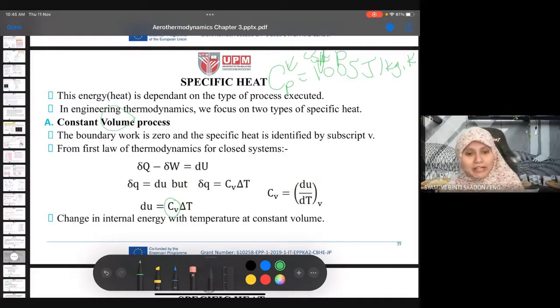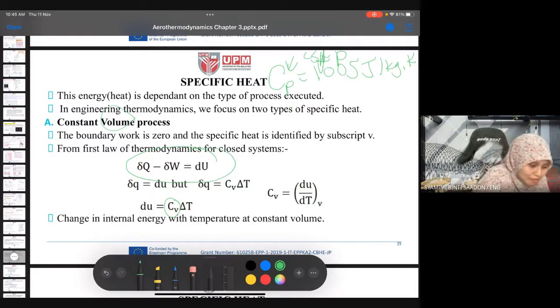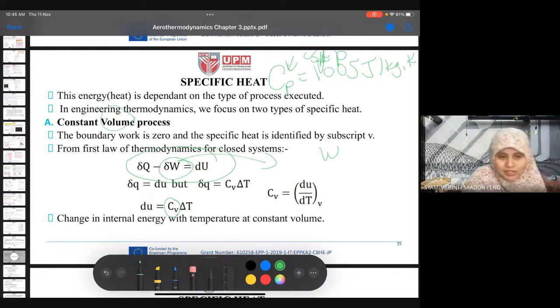So from the first law of thermodynamics, for constant volume we usually use internal energy U. Q is heat transfer, W is work done by the system, and U is the internal energy.